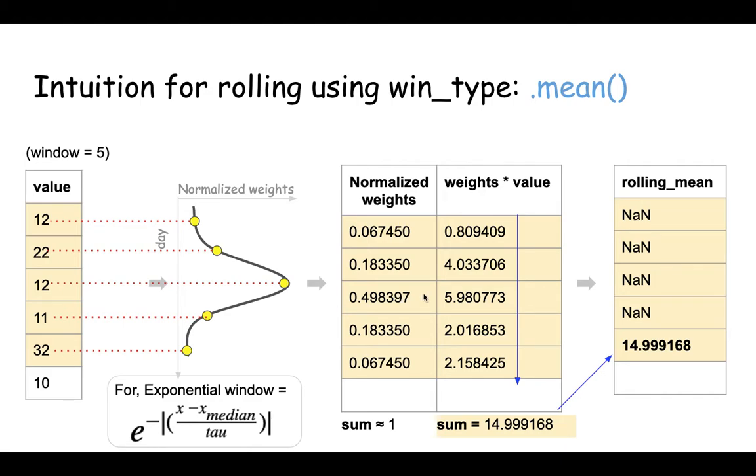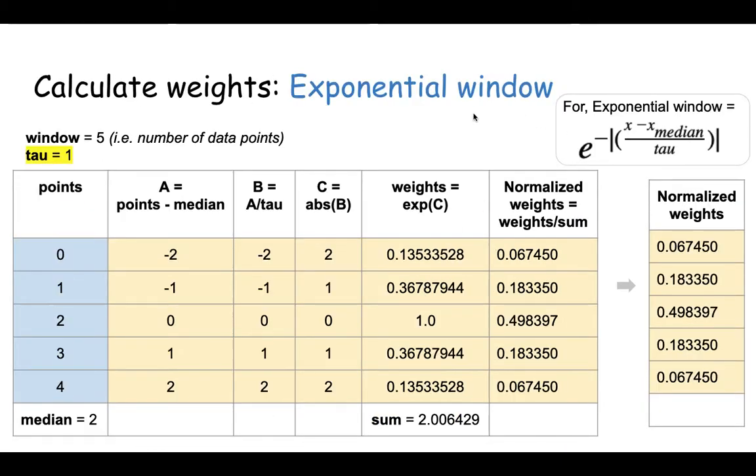Now to calculate the weight itself, how do we do that? Here I have a table which shows how the method works. On the top right corner we have the formula, and here we are again going to use the window size of 5, which means that there are 5 data points that we need the window created on, and tau is set to 1 for this exponential window.